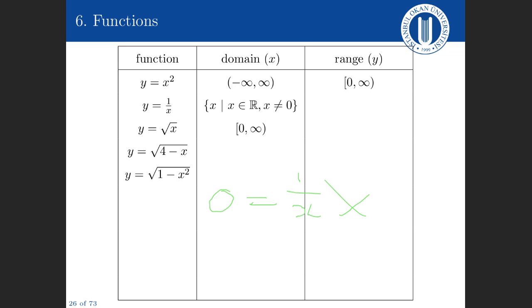No, it's not possible to find some x such that 1 divided by x is equal to 0. The range of y, all of the possible values of y, there's a mistake here, this should be y. y here and y here. All of the possible values of y except y equal to 0.